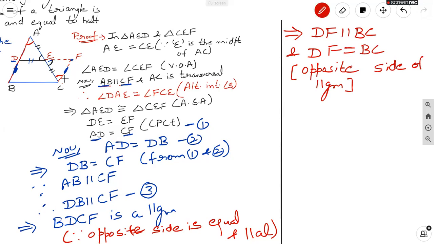It means now you can see that DF. DF means what? DE plus EF, and it is equal to BC, right? At the same time, we have proved that DE is equal to EF.